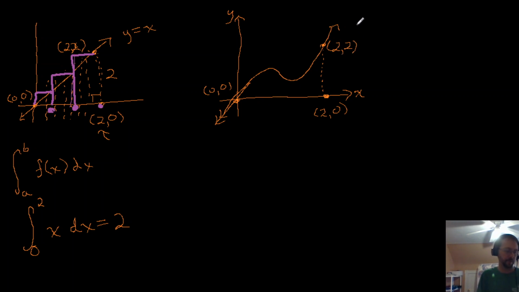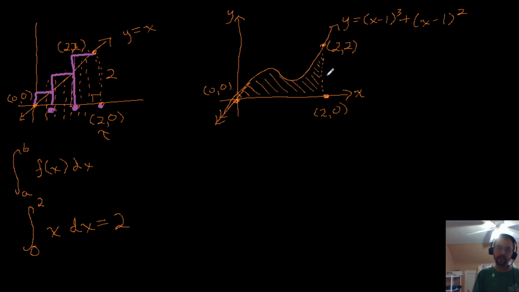I set up the problem first and then graphed it afterwards. So the graph that I want us to find is y equals (x minus 1) cubed plus (x minus 1) squared. And if we take the integral of this, what we're finding is the area under this curve.